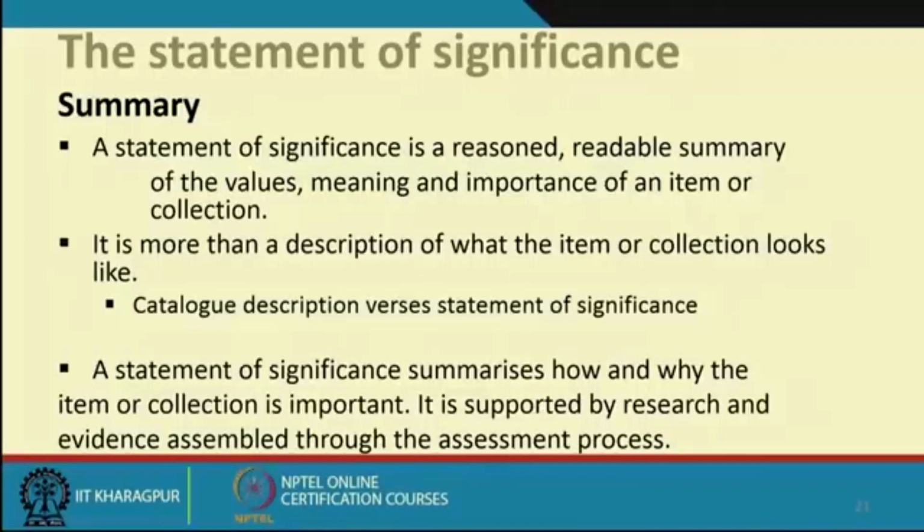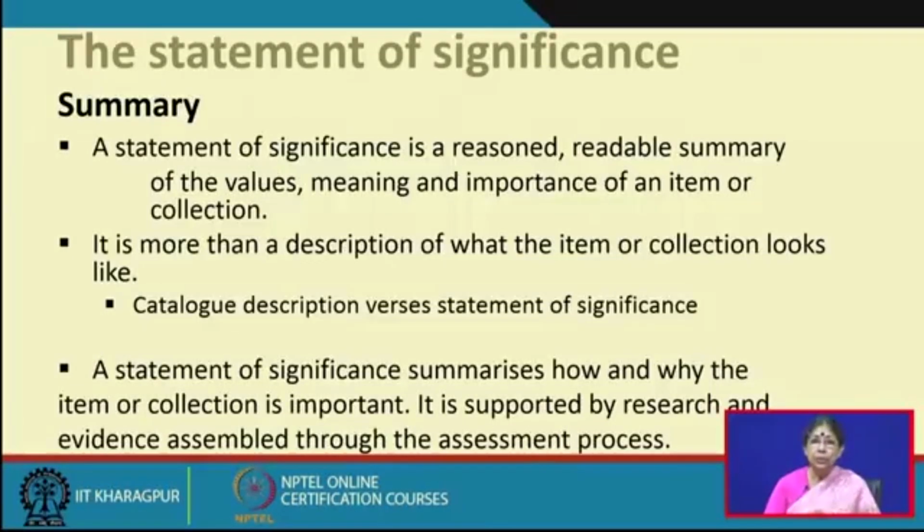The Raj Chakra that we have seen in the terracotta also has interpretive value because it talks about the mythology. Now, the statement of significance is a reasoned, readable summary of the values, meaning and importance of an item or collection. It is more than a description of what the item or collection looks like.